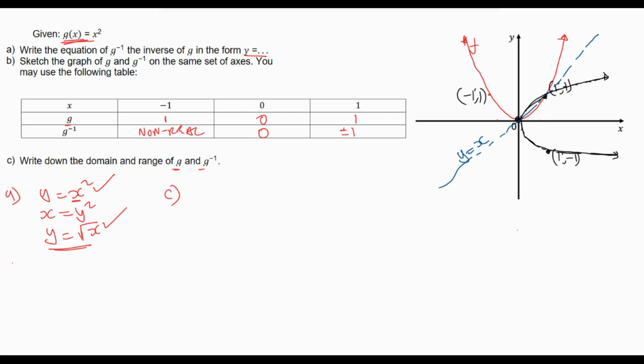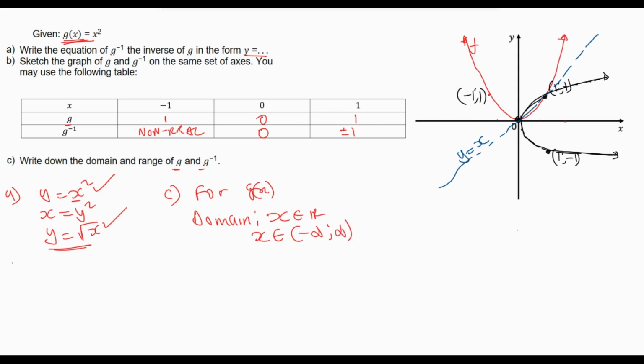C. Write down the domain and range for g and its inverse. So for g of x, what would be the domain? For g of x, the red graph, x is an element of real numbers, or you can say x is from negative infinity to infinity.